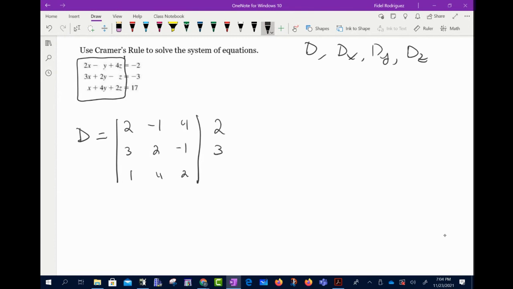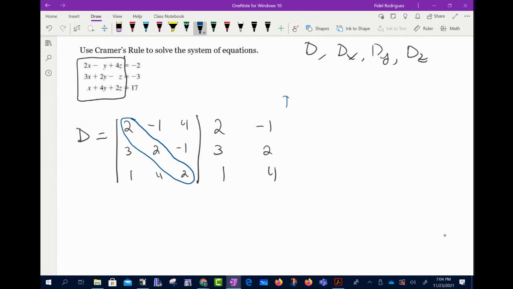So I'm going to go 2, 3, and 1, and -1, 2, and 4, okay? And I'm going to try to go super slow, one step at a time. It's going to take a little bit of time. It'll probably take us about 10 minutes just to do this last problem, maybe even a little bit longer, hopefully not more than 10.